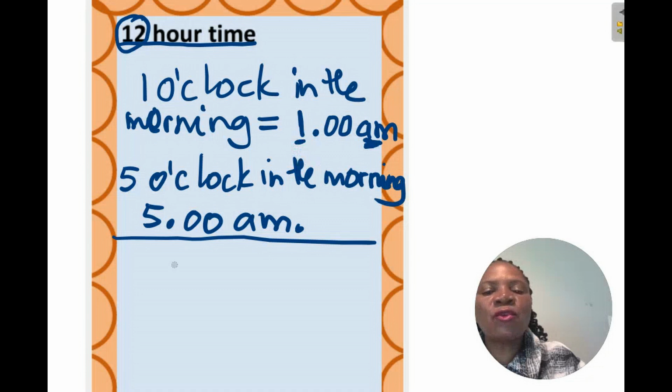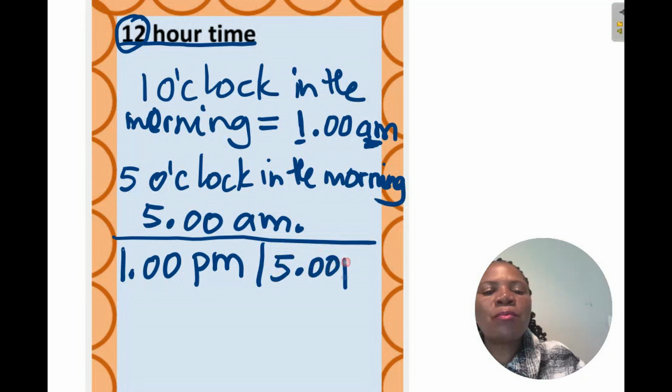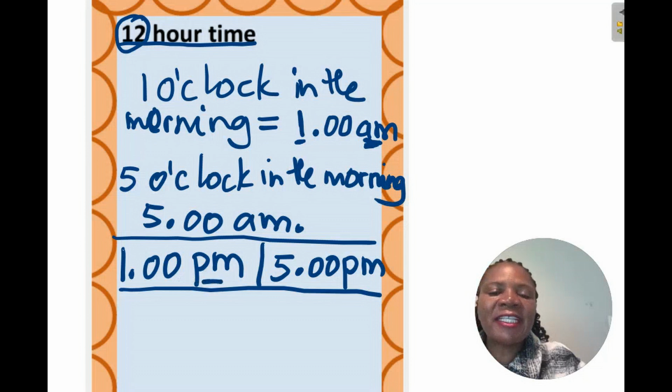because we also have 1 o'clock in the afternoon, which is written 1 o'clock PM. Okay, and this will also be written as 5 o'clock PM in the afternoon. These times which are in the afternoon have to be strictly written that it's PM or AM. Okay, we have to specify when it is 12-hour time, right?